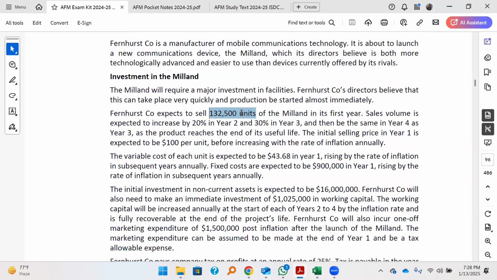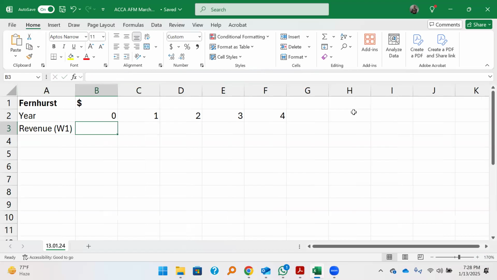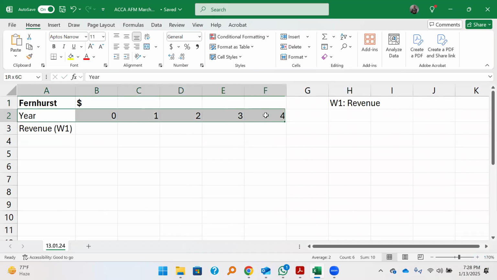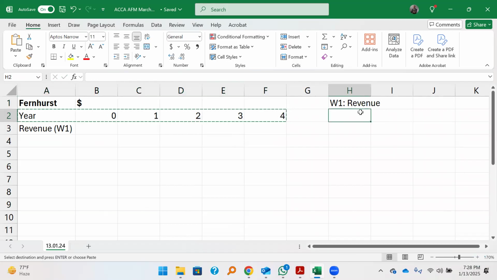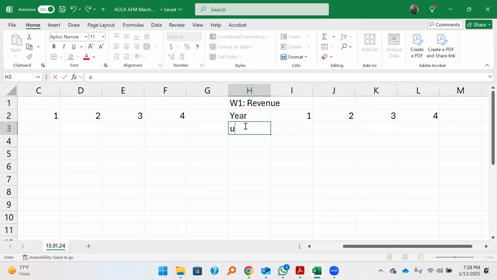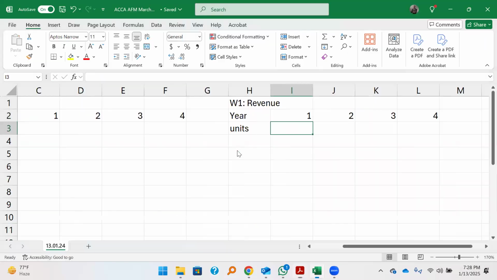So revenue, they told us that we are going to sell 3,500 units. So we need the working. Working one is going to be revenue. We copy the years, and we first need to get the units. The units are going to be 132,500 in year one.